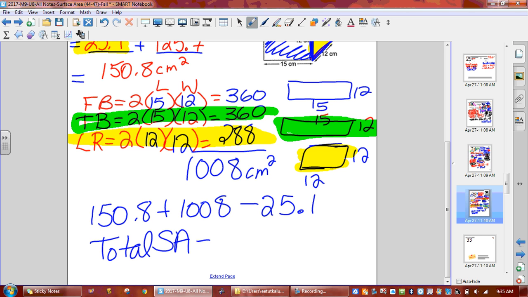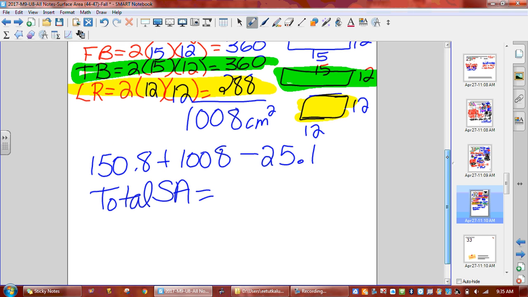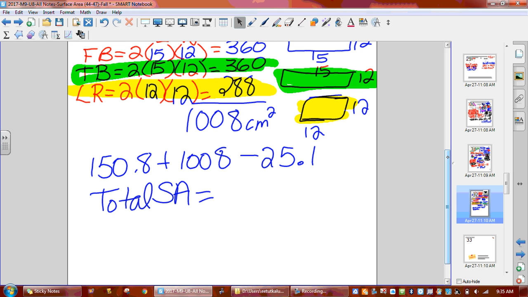That's going to give you 1133.7 centimeters squared. So that's our total surface area on that one. Okay, this concludes lesson 8.3.